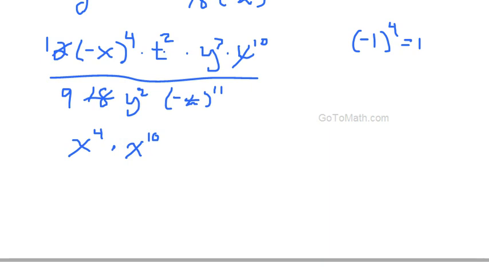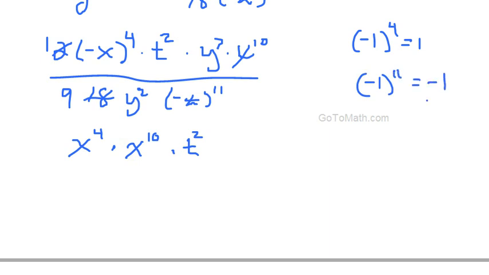Now we have t squared, nothing new there, y to the 7th. Let's take a look at this. We've got a negative, but it's raised to an odd power, and that means we're going to be able to take a negative out front.